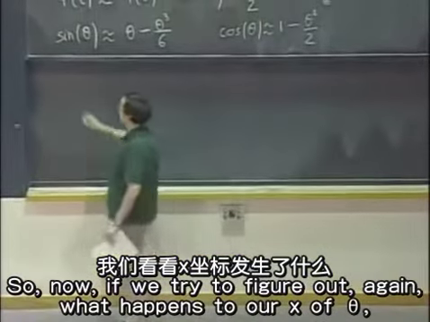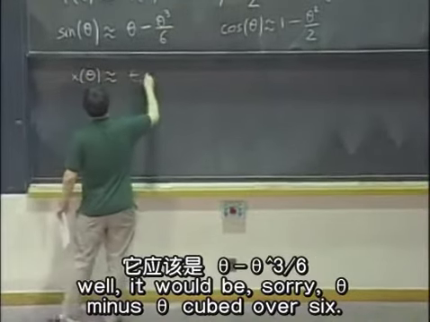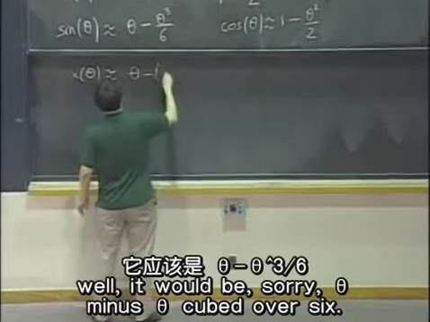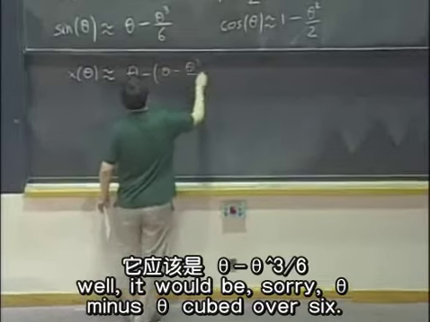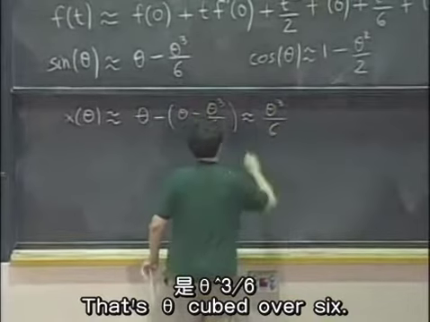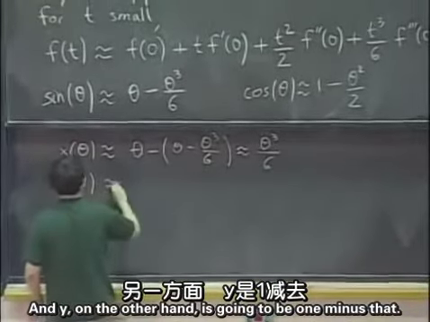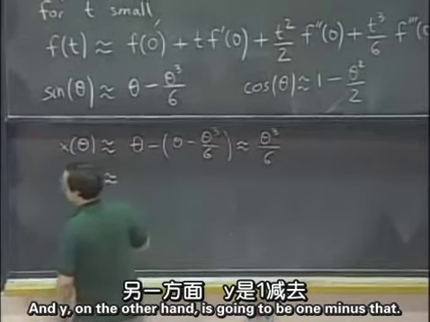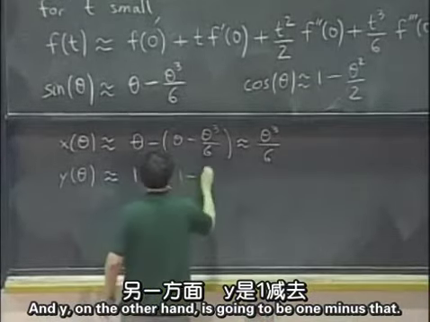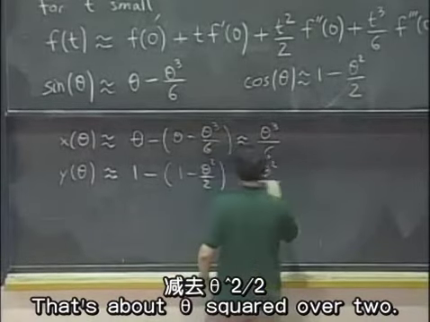Now if we try to figure out what happens to our x of theta, that will be theta minus theta cubed over 6, which is about theta cubed over 6. And y, on the other hand, is 1 minus that, which is about theta squared over 2.